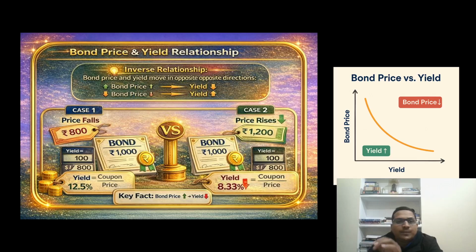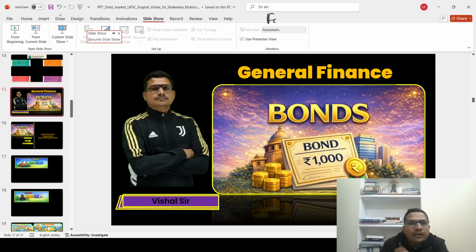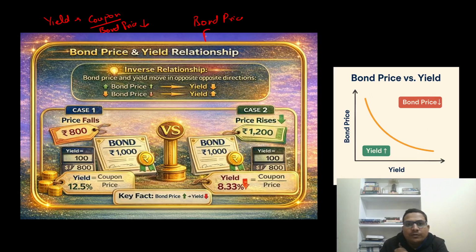Okay, so the next part is bond price and yield. See, first we have to understand what yield is. Yield is the coupon payment you receive upon the bond price. See, there is a difference between bond price and face value. Face value of a bond is the price written on that bond.